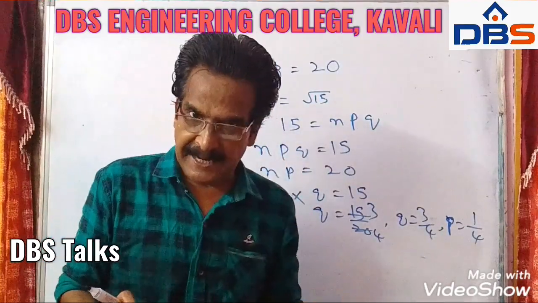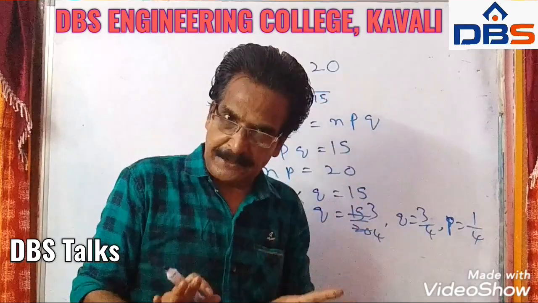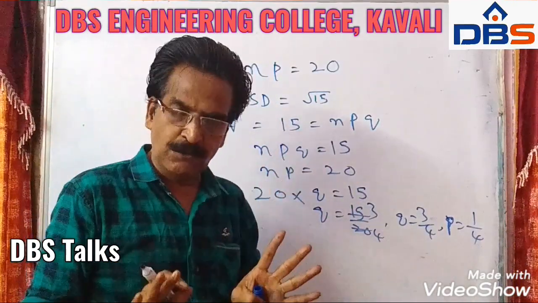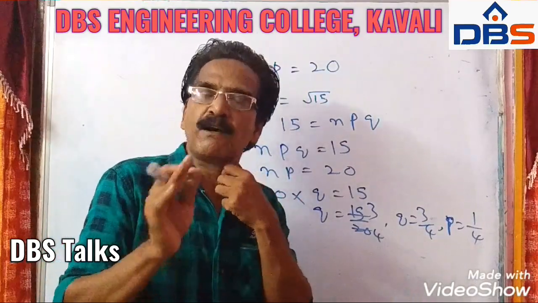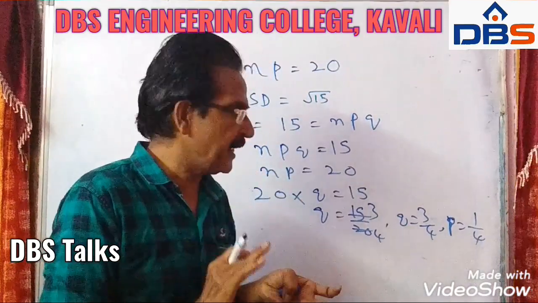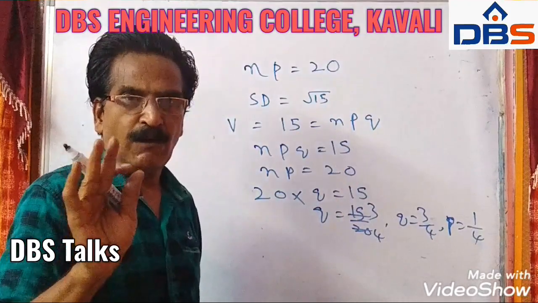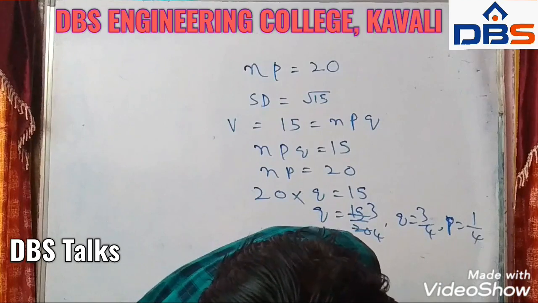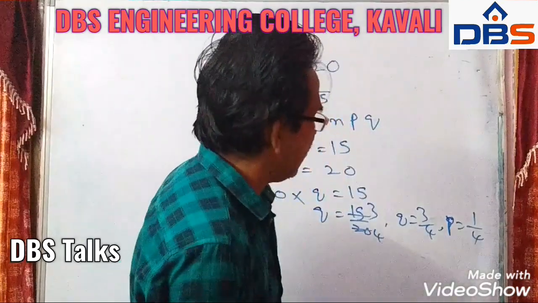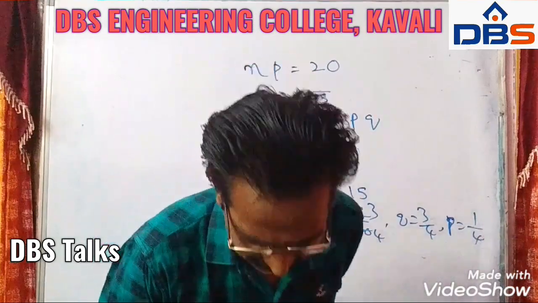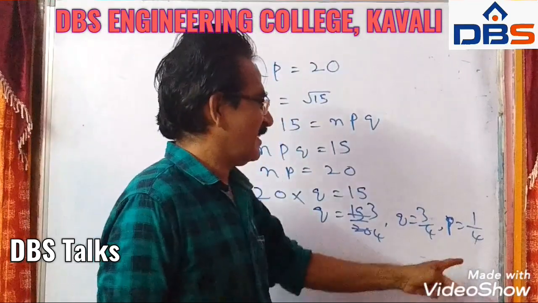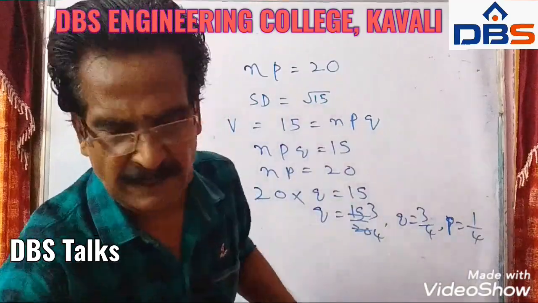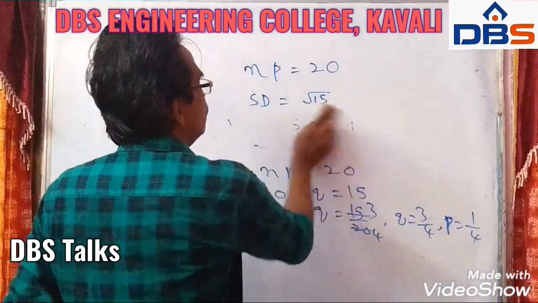So we know NP, we know NPQ, and from those two things we can find Q. From Q, we can also find P. Let us see what needs to be found. Find P. So friends, the question is over. He asked P. P is equal to 1 by 4. Okay friends, let us see the next problem.